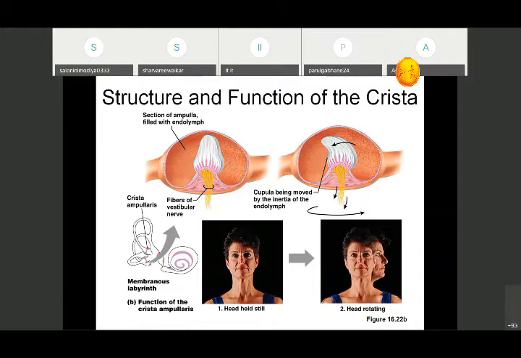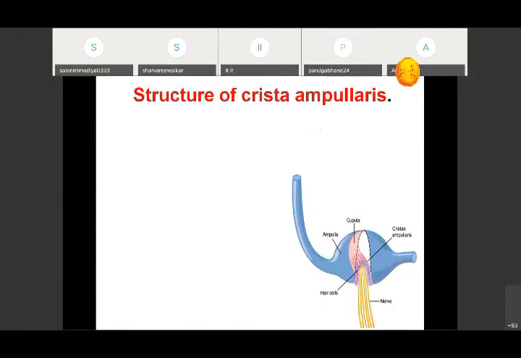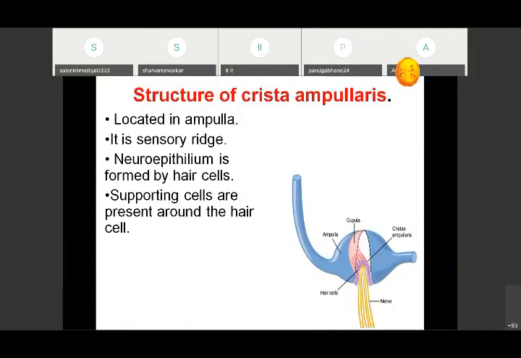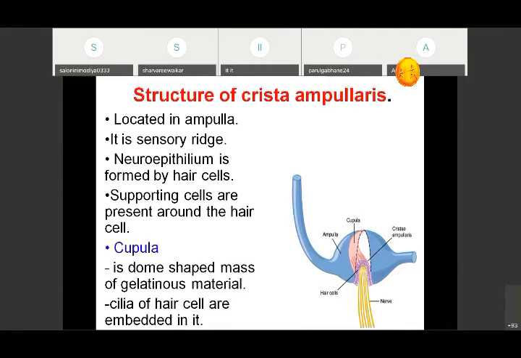The calcium carbonate crystals are absent in the crista ampullaris. So this stimulation of the crista ampullaris is slightly different from the macula of the utricle and saccule. The cupula is a dome-shaped mass of gelatinous material, and the hair cells are embedded in it.